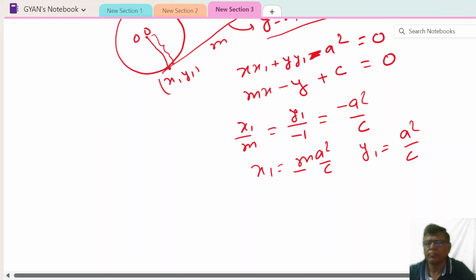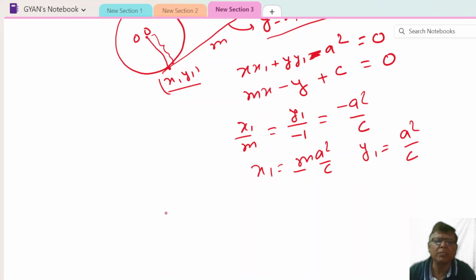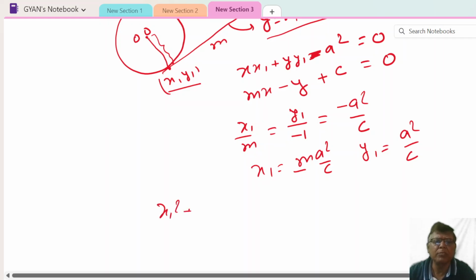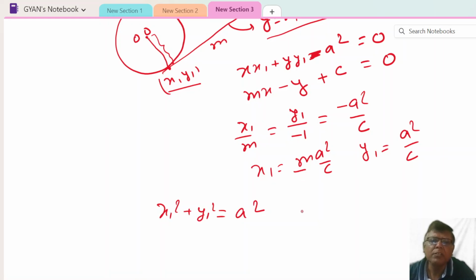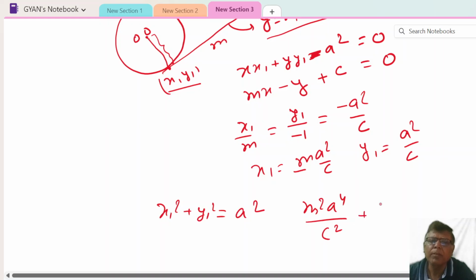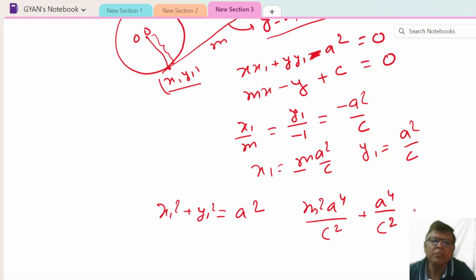But since (x1, y1) is lying on the circle, x1 square plus y1 square is equal to a square. So that means m square a to the power four by c square plus a to the power four by c square is equal to a square.